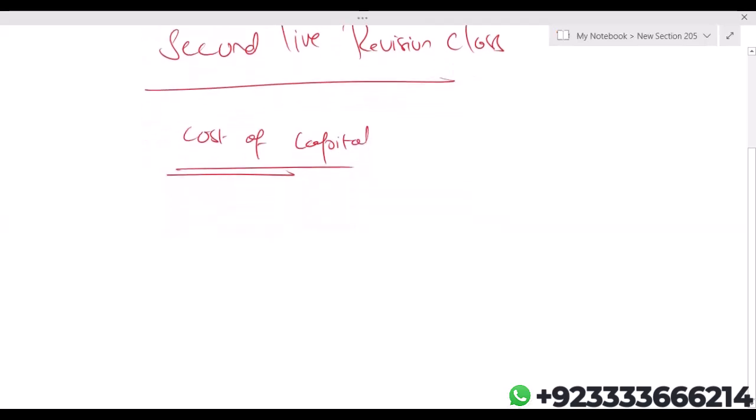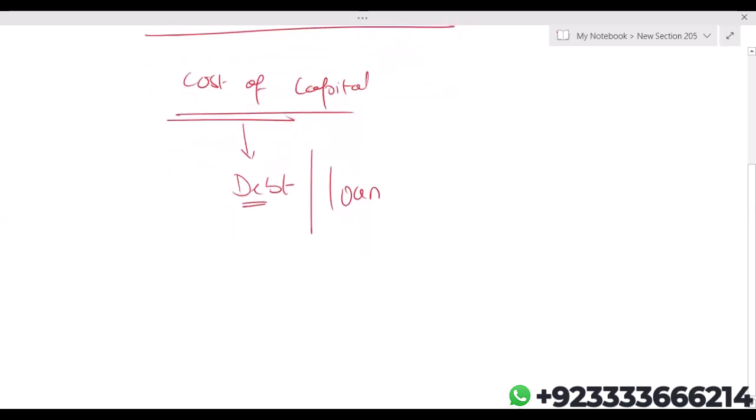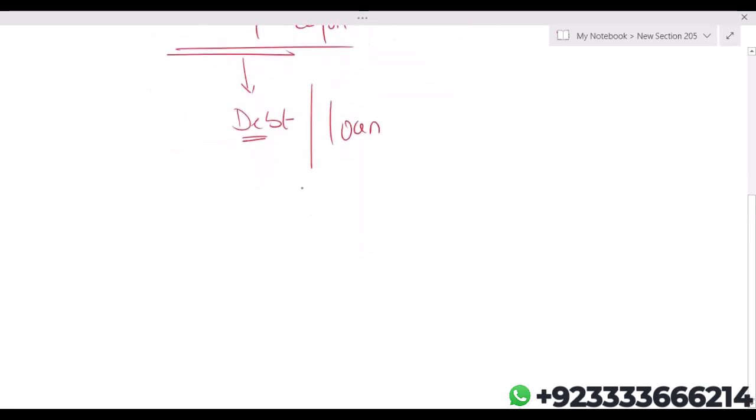Cost of capital. If a company raises the finance in the form of debt, now this is very important. If a company raises the finance in the form of debt, simply the company is taking a loan to make investment. Then the cost is KD(1 minus T).